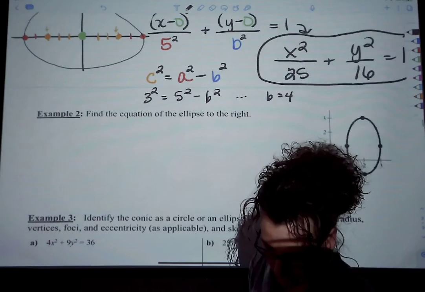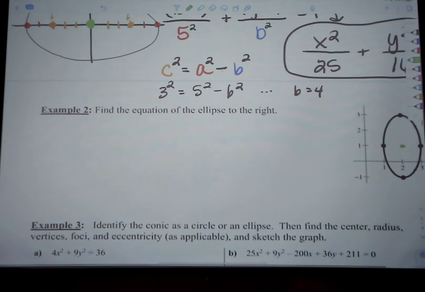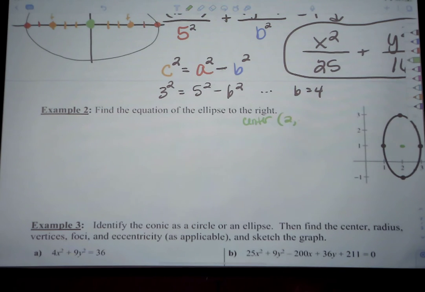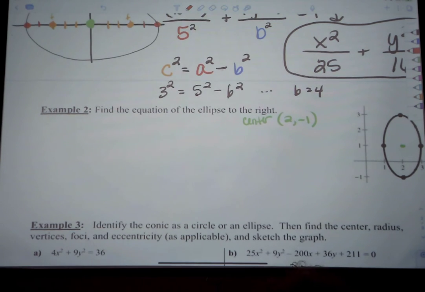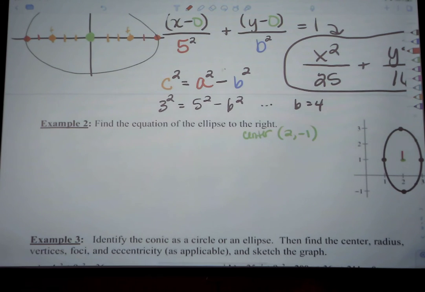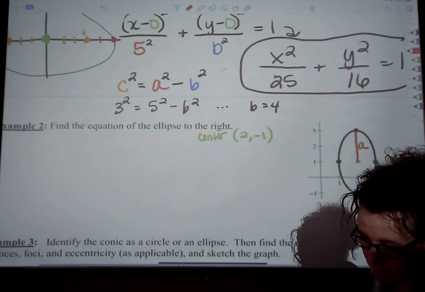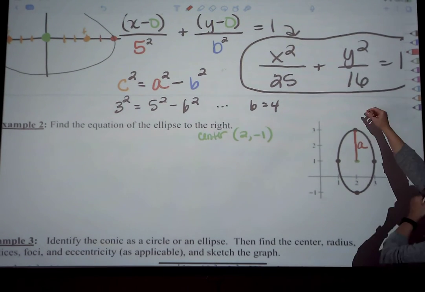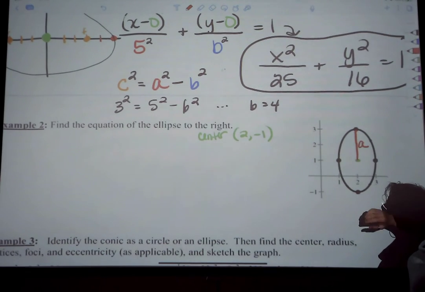Moving on. Find the equation. First thing I'm going to do is identify the center. The center is at 2, -1. Now, there we go. It's positioned vertically, okay? So A is going to be the longer of the two.